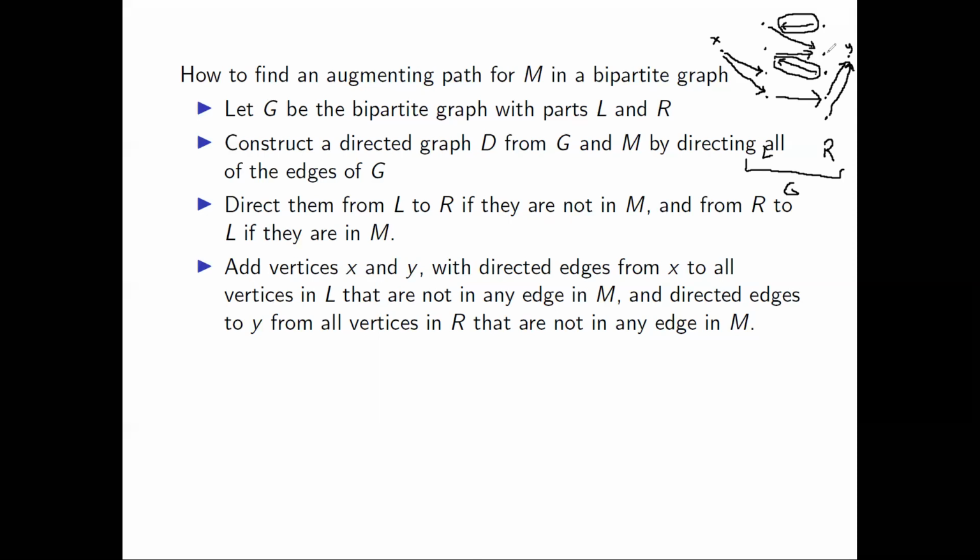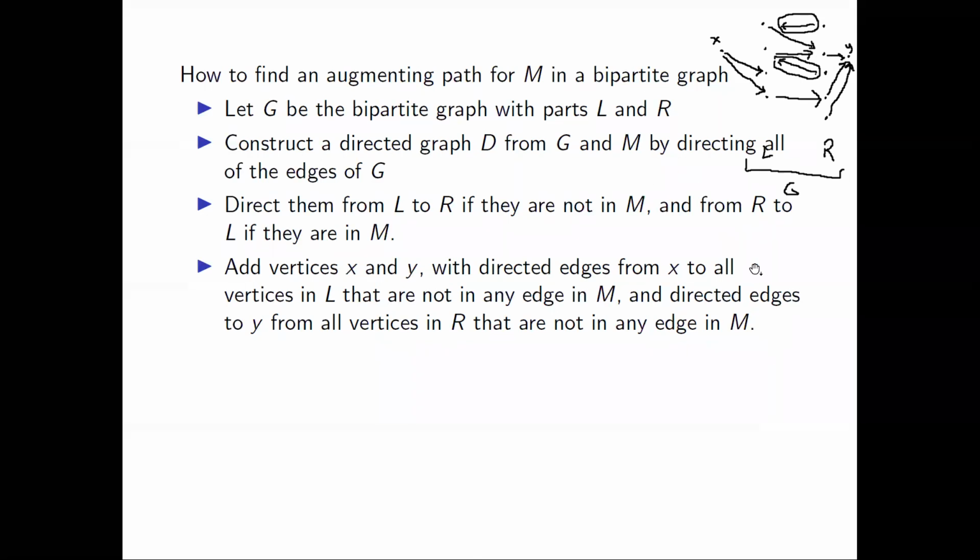This one right here, that one is not in any edge in the matching. The one at the top is clearly in an edge in the matching, this edge right here. So those are all our edges to Y. So we have 2 edges from X to L and 3 edges from R to Y.